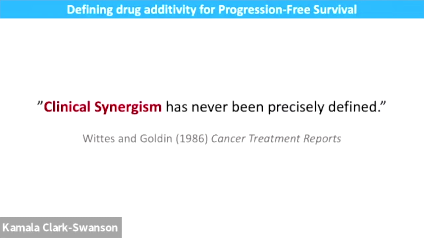And the issue here is that clinical synergism has never been precisely defined. It's been written about for decades that there isn't an understanding of what this term means in clinical trial results. So there have been tens of thousands of articles quantifying synergy in various ways in preclinical systems. It has been clearly written in oncology textbooks that synergy means more than additivity, but what's additivity in humans?